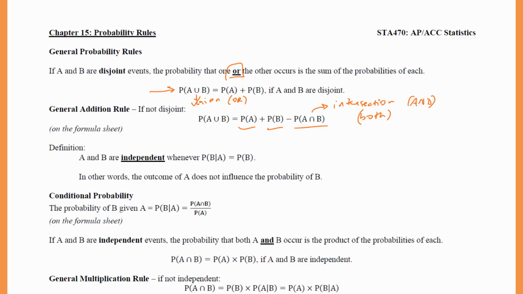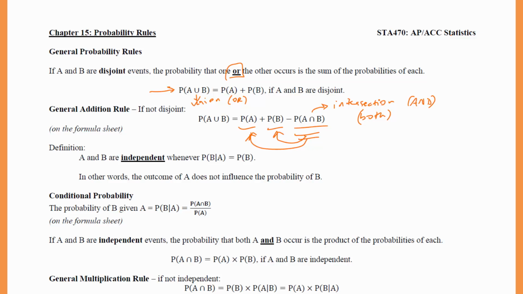A or B will allow A and B to happen, but this probability of A and B is included both in the probability of A and in the probability of B, and we don't want to double count it. So we have to subtract it off once, so that it's only being counted once. This general addition rule is on the AP formula sheet, so you do not need to memorize it.